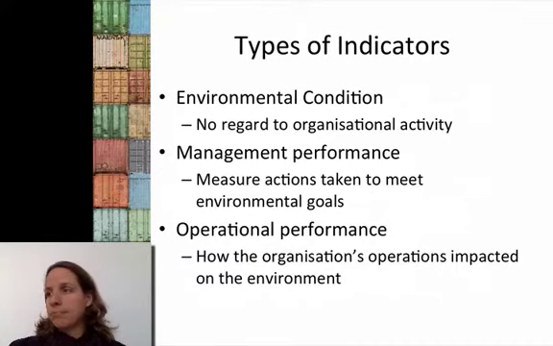That could be environmental damage caused by the organisation's operations, or an expansion of the land area required, or the building of a new office. What impact would that have on the natural environment? So, the operational performance of the organisation and the impact that that has.